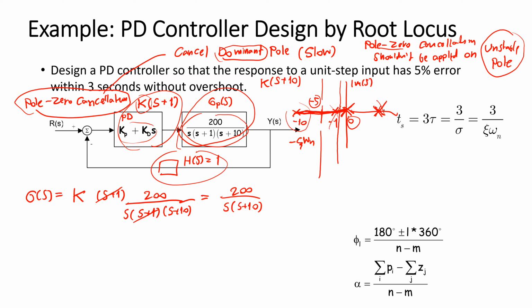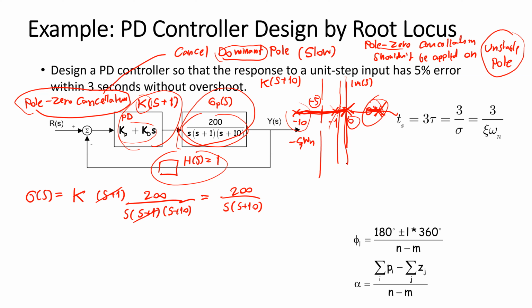You try to make complete pole-zero cancellation, but what you can see in the real system is if you slightly put the zero here or slightly put the zero here, it still has the dynamics of that unstable pole, and the system is still unstable if it has at least one pole on the right hand side of the S-plane.